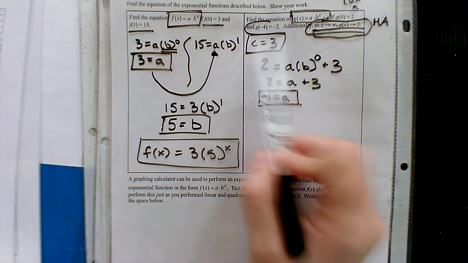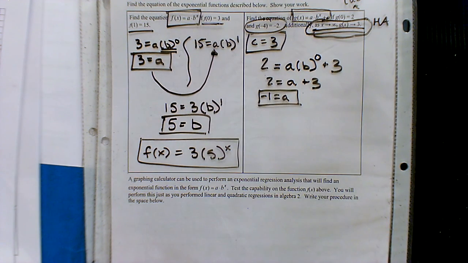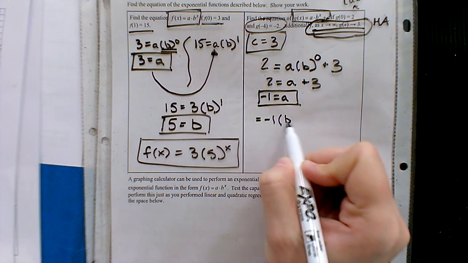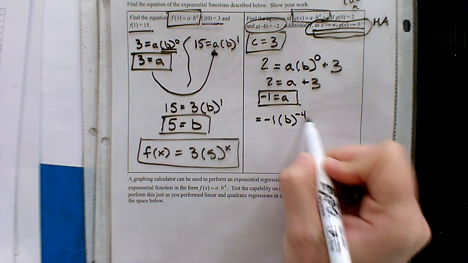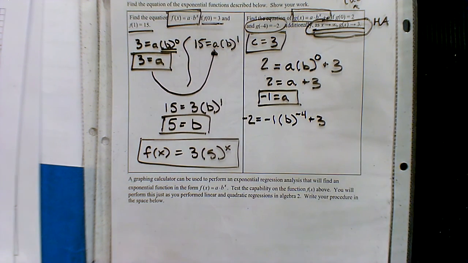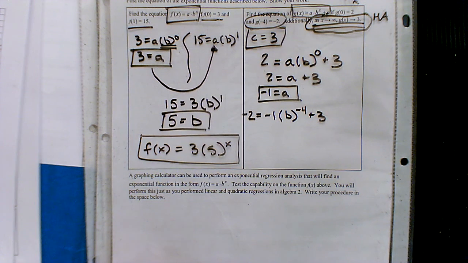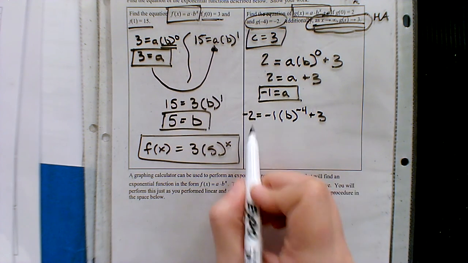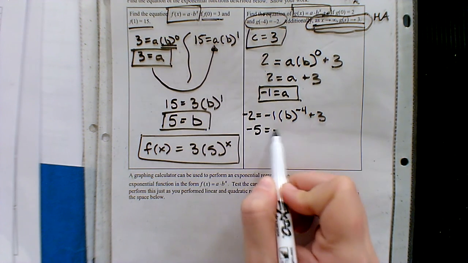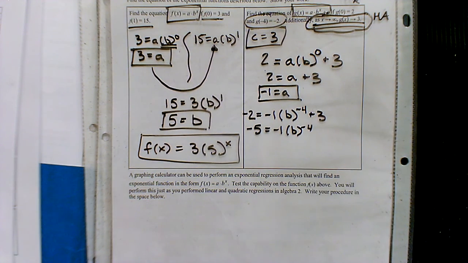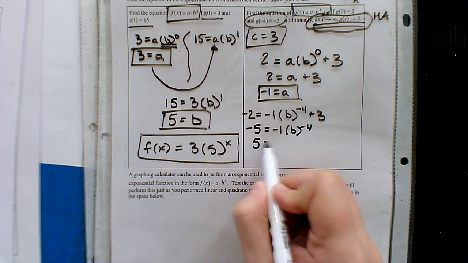All right, let's try our last point to help us figure out b. So my x value is negative 4, and my y value is negative 2. All right, so solving for b, let's go ahead and subtract the 3. We can divide the negative 1.